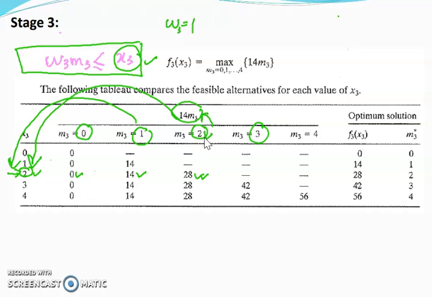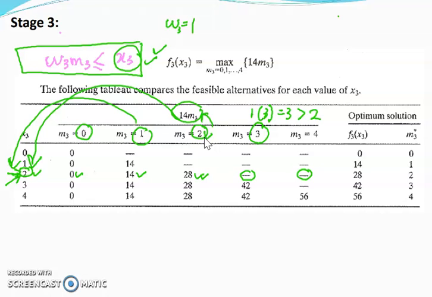Now, when M3 equals 3, when we check this constraint, it will be 1 times 3 equals 3, and this 3 is actually greater than 2. So we can say that this is infeasible, and 3 onwards will be infeasible. Why? Because at this state, the total weight is only 2.